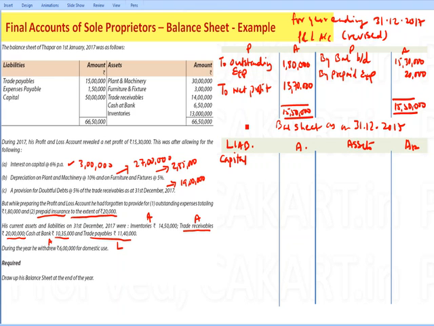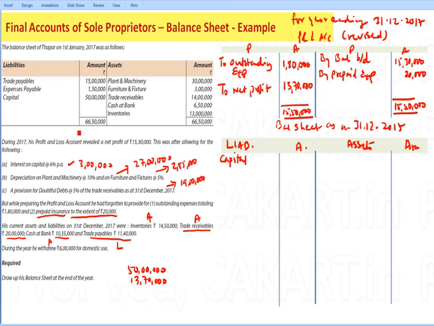Now we talk about capital. Fine. So what is the total capital? Listen, whatever was the old capital, it was 50 lakh rupees. In that, please add the net profit, 13 lakh 70,000 rupees.